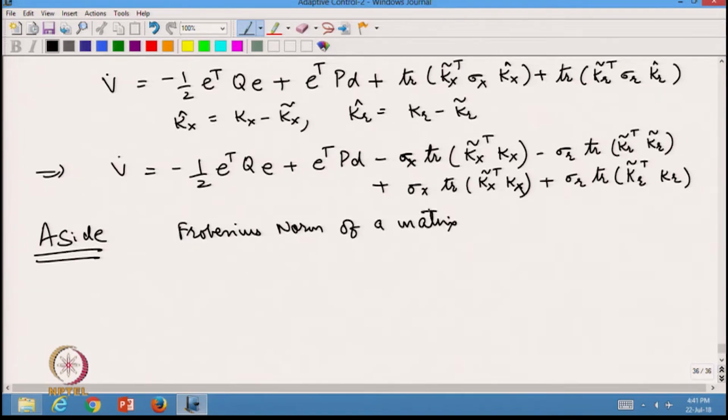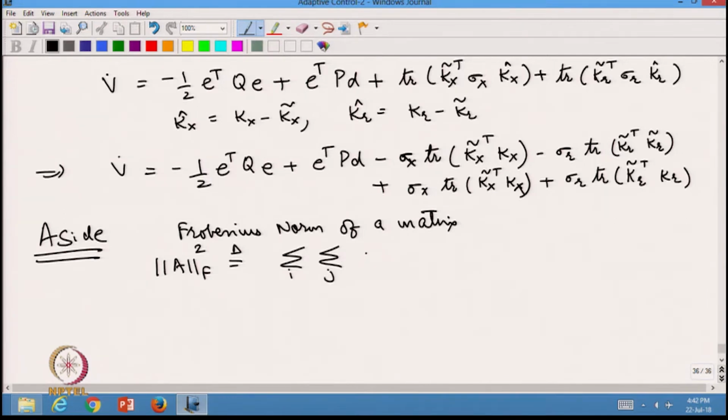So you may be aware that the square of the Frobenius norm is defined as the sum over all the elements of the matrix of the square.